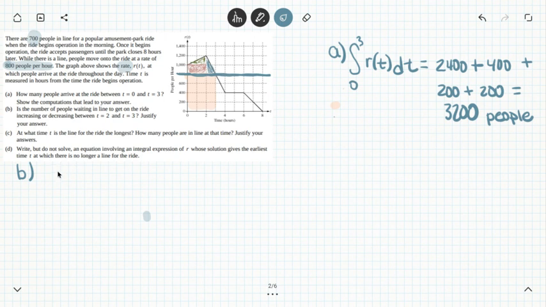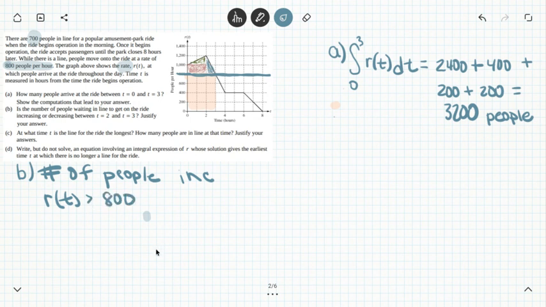So we know that the number of people is increasing, because the rate is greater than the rate of people leaving. So the rate from 0 to 3 is greater than 800 as long as we're between 0 and 3.